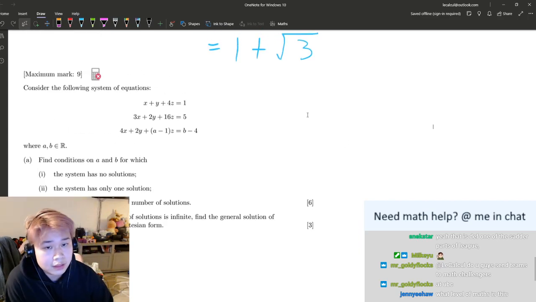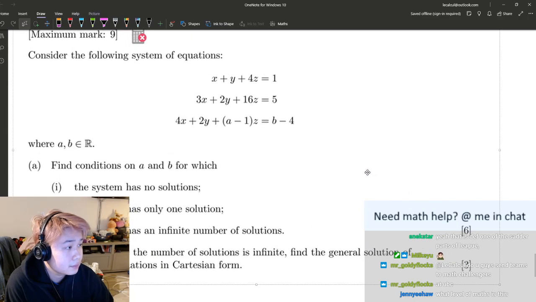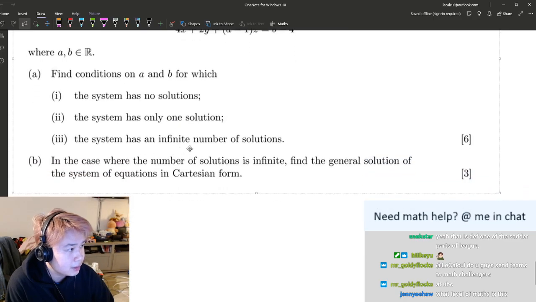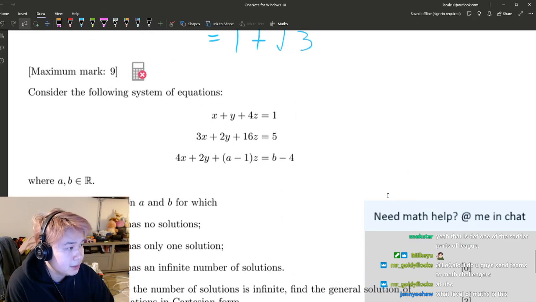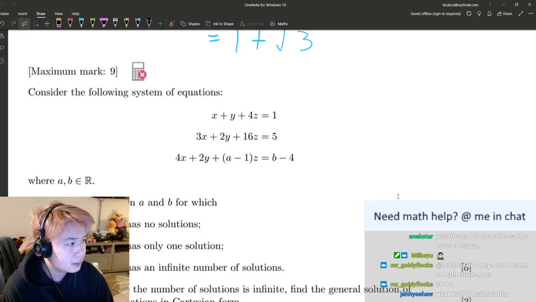Alright, let's see. We have a system. And then we don't know what this is. Oh, we don't know A and B. Okay, there's a B as well. And then find the conditions on A and B for which the system has no solutions, one solution, or an infinite number. Okay. So what we're going to do is we should write this as a matrix and reduce the matrix.